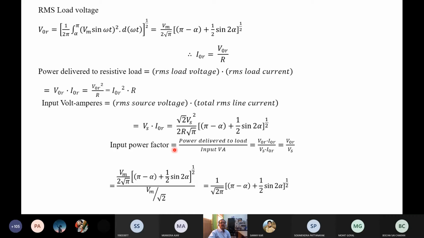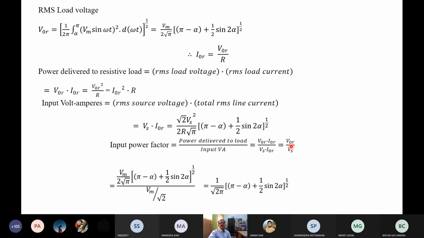So the input power factor, this is the definition, not on the load side, is defined as the power delivered to the load, or power consumed by the load, divided by the input volt ampere. Power delivered to the load is RMS load voltage times RMS load current, divided by input volt ampere, which is source RMS voltage times the RMS line current.